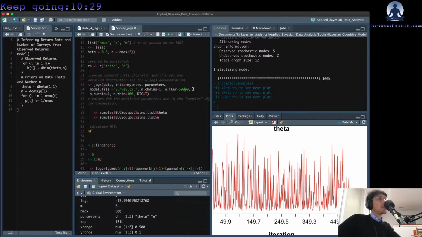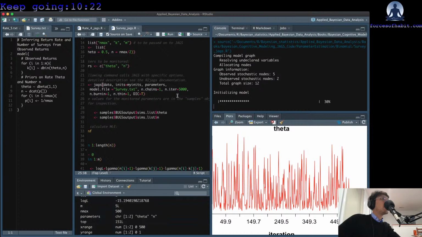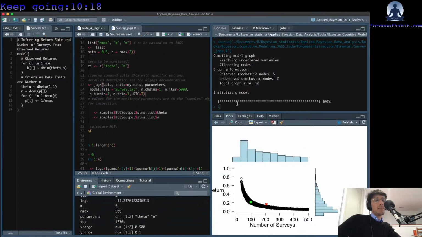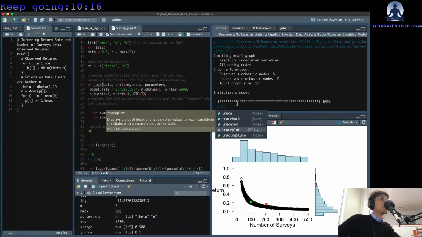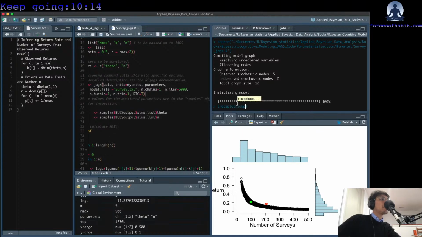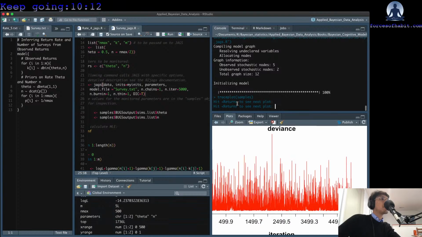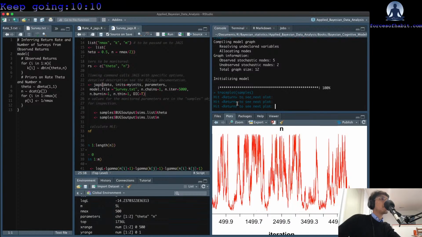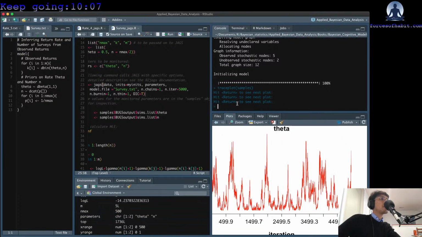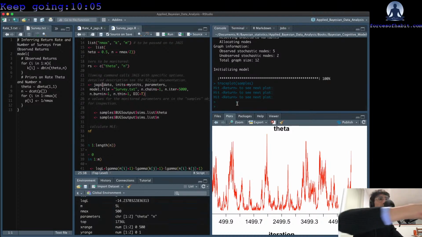I see, so let me change that, save that. Let me get the trace plot here. So, a lot more spaces.